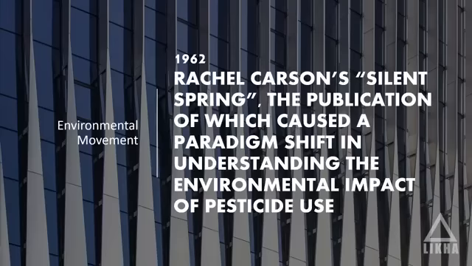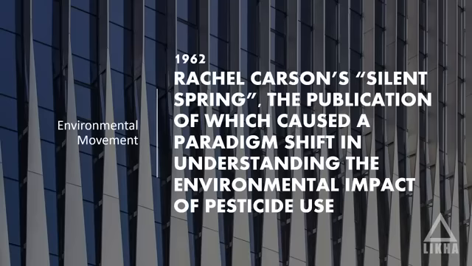So after the term tropical design was coined in 1962, there was an environmental movement. This was the paradigm shift when people started to talk about architecture, the built environment, planning with respect to the natural environment.